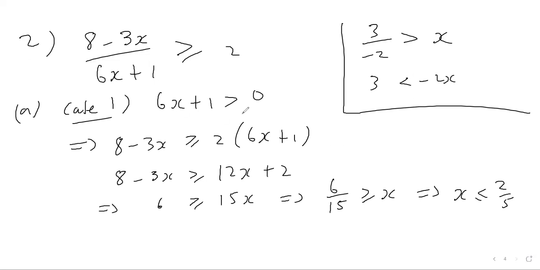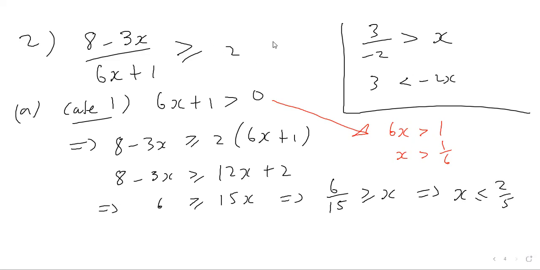Now, if this is the case, however, let's just make a note of this over here. If 6x plus 1 is bigger than 0, that means that 6x is bigger than 1, and that means that x is bigger than 1 over 6. So when x is bigger than 1 over 6, x must be less than or equal to 2 over 5.